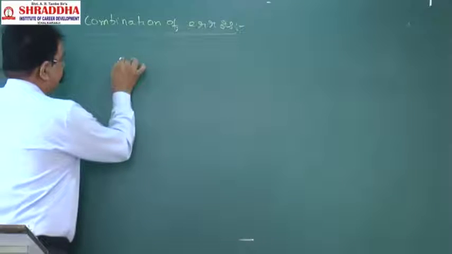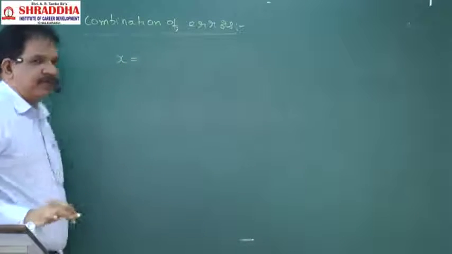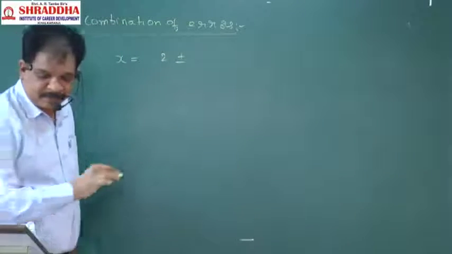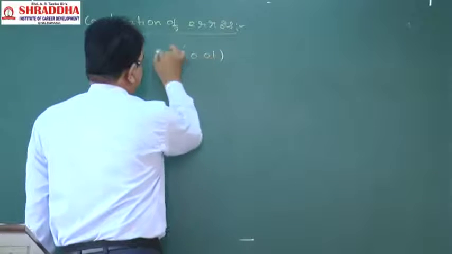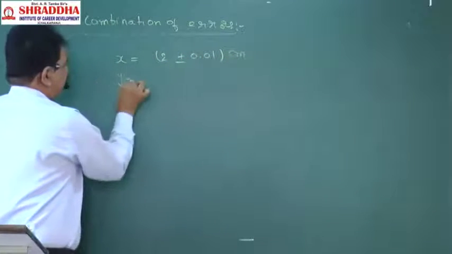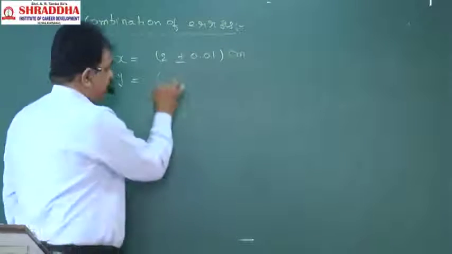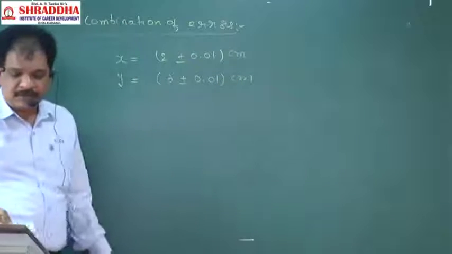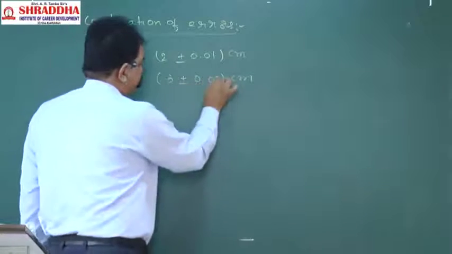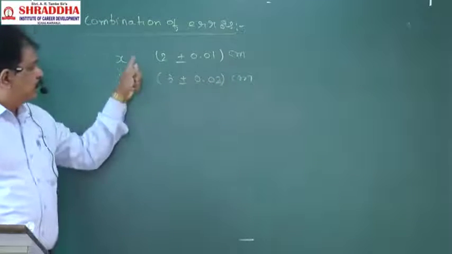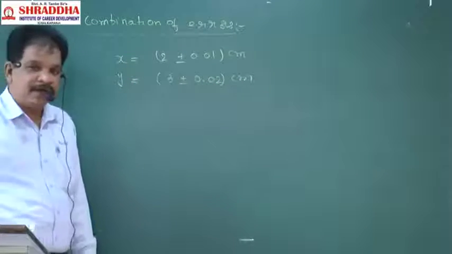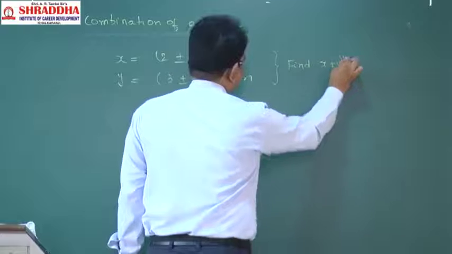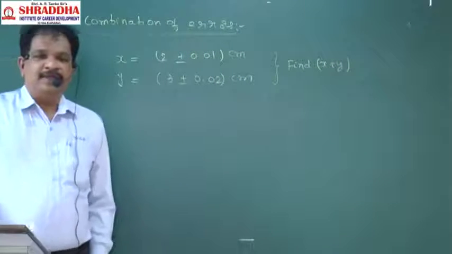So, if one measurement x is 2 plus or minus 0.01 centimeter, and y value is 3 plus or minus 0.002, find x plus y.